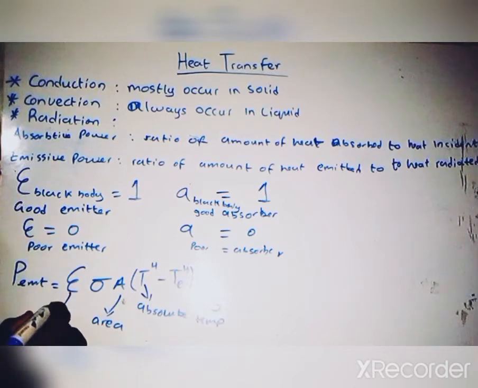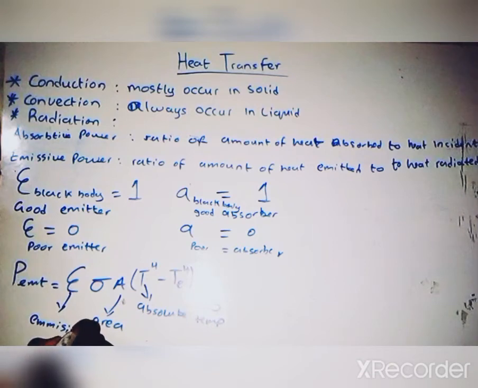And this is emissivity. When they give us the emissivity of a black body, just know that it is 1, so you don't have to look for anything there. But when it is not a black body, they will give it to us. And this is power emitted.